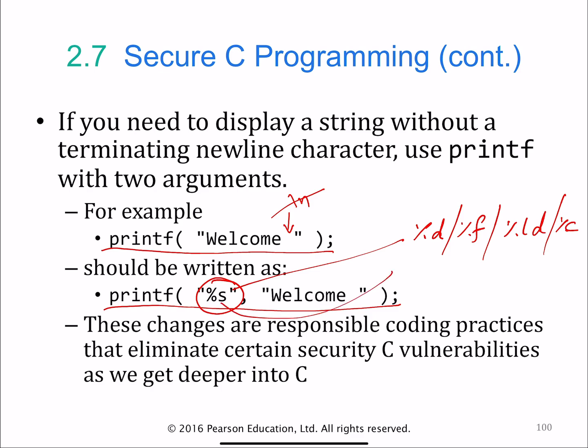The s over here stands for string, and the string that we're going to substitute over here is whatever string we provide in the argument over here. In this case, "welcome ", the same string we have up here in the non-secure use of printf.